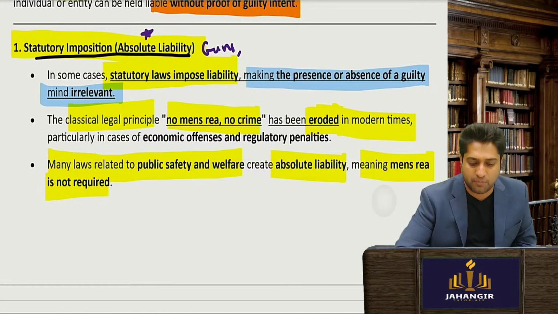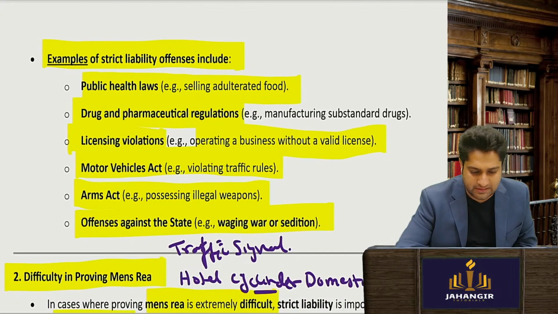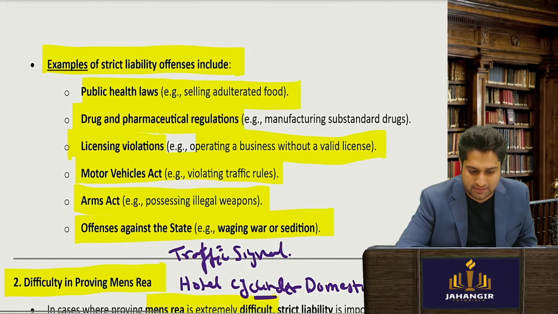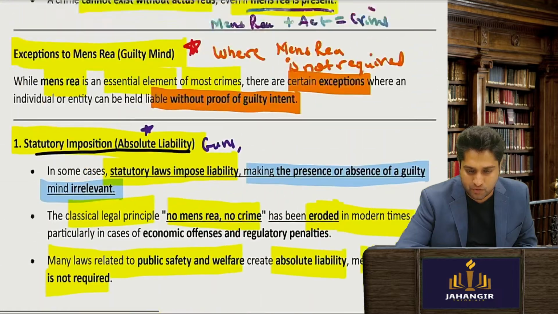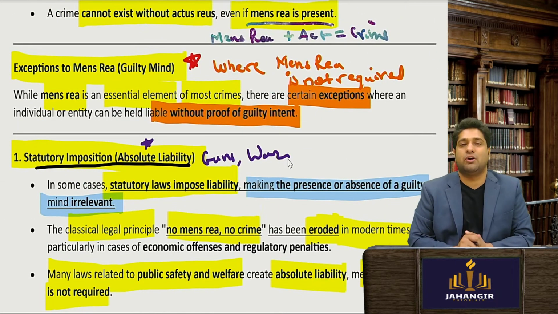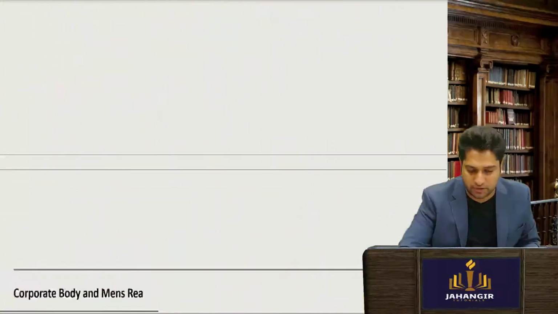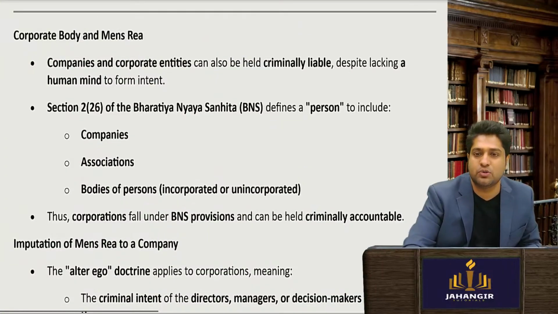Or what were the other points that we can see? Motor Vehicles Act, arms, public health, some points you can put up here. War against the government, okay? So all these things, law says that if you do this, we'll directly put you into jail or into a criminal prosecution.